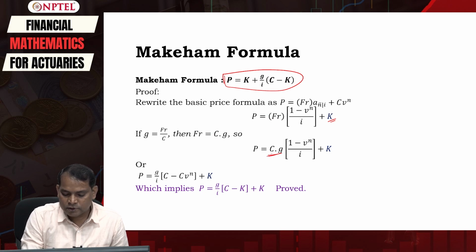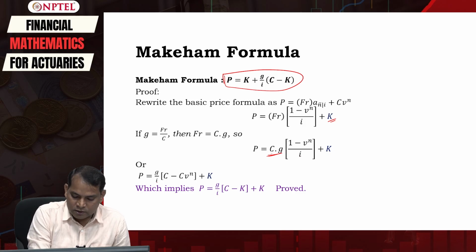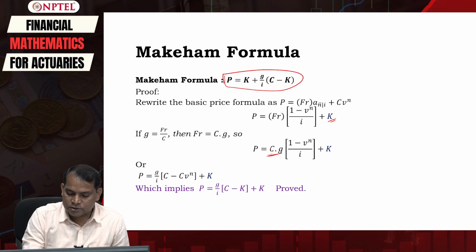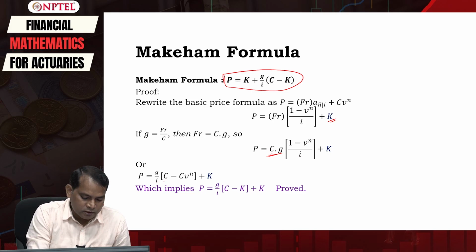So I have written here C multiplied by G times 1 minus V to the power n divided by I plus K, and we will take this G and I out, so we will have G upon I. Multiplying C with 1 and C with this, again we will have C minus C V to the power n, plus K.